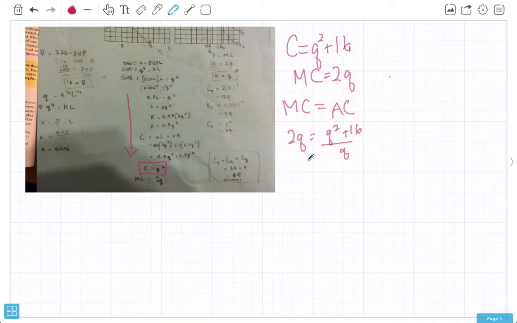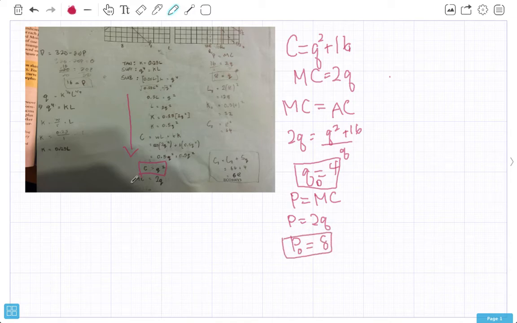This is your AC, this is your MC. And then if you solve for q, you'd get q of 4. This is your initial, let's say q naught. Q naught is 4. And then since P equals MC for a competitive firm, you'd have P equals 2q, which is just 8, right?